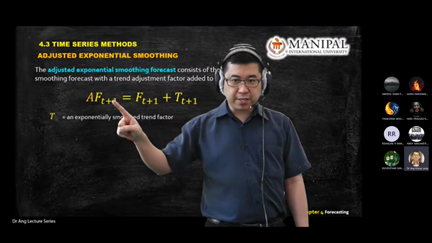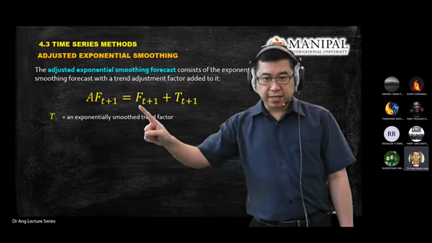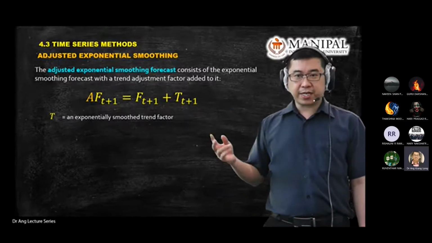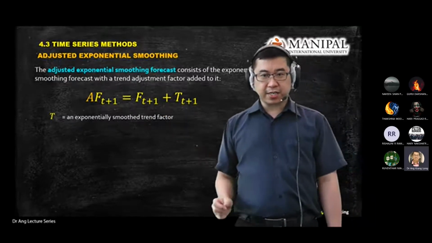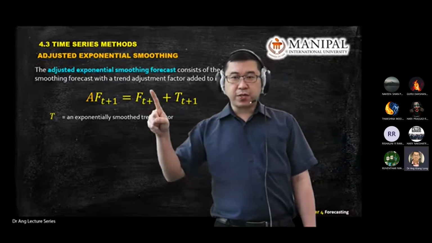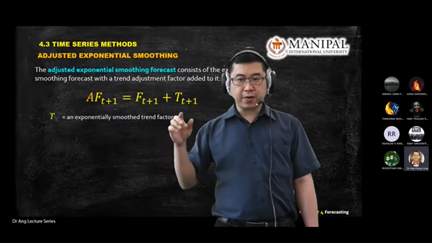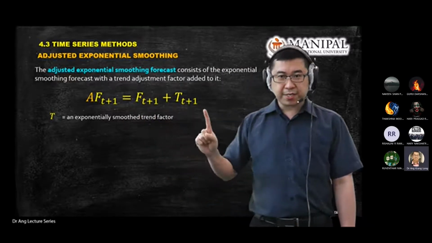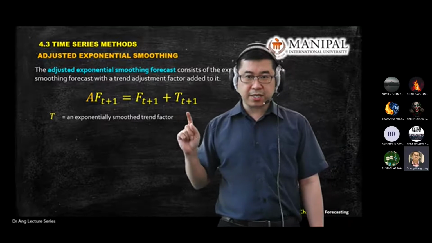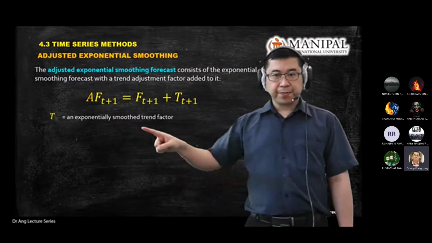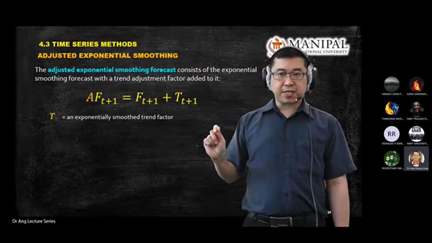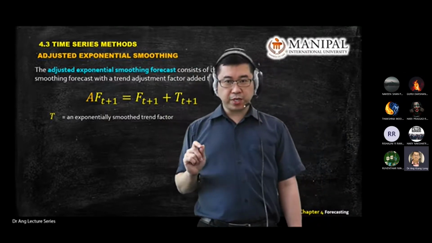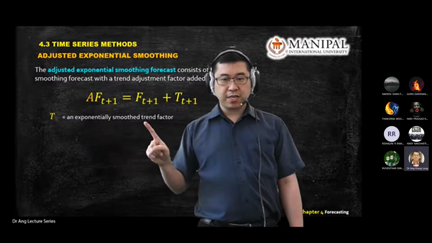Same as forecast t plus 1, but for adjusted exponential smoothing, the right-hand side calculation is a little different. You use forecast t plus 1, which is the next forecast, plus T, which is a trend factor. So when you talk about adjusted exponential smoothing, you are using a trend factor.